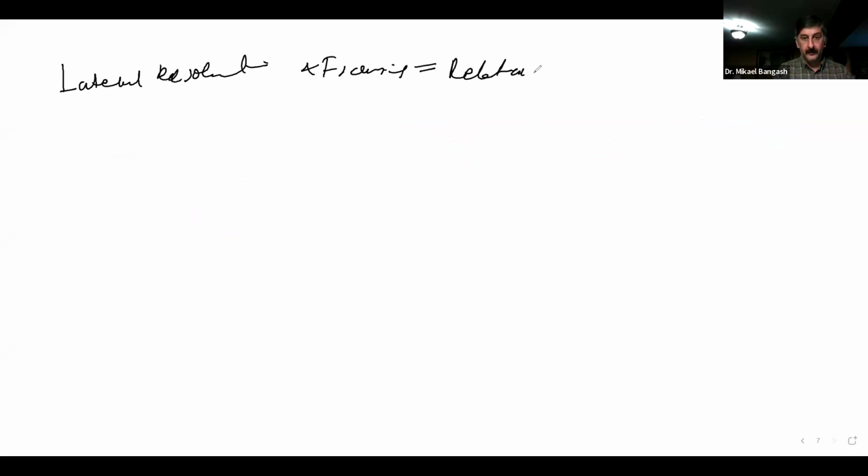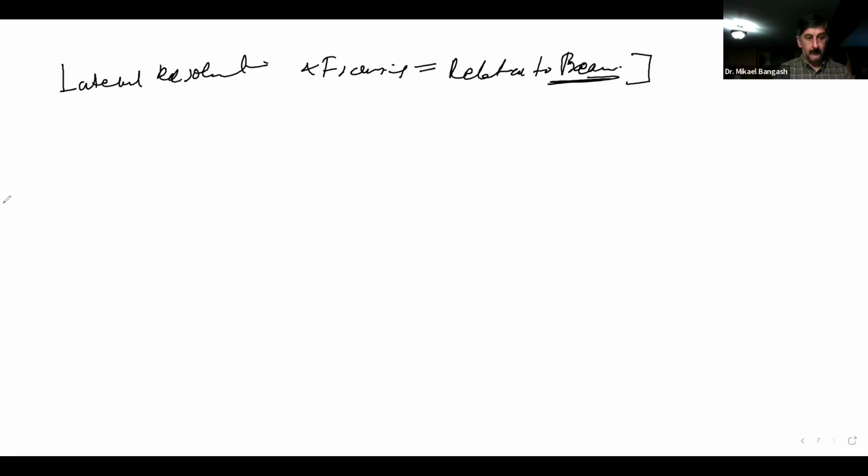Our next set of questions is about lateral resolution and focusing, which both are related to the beam.